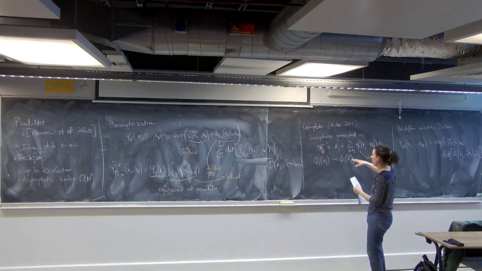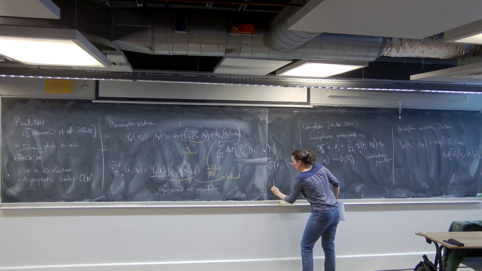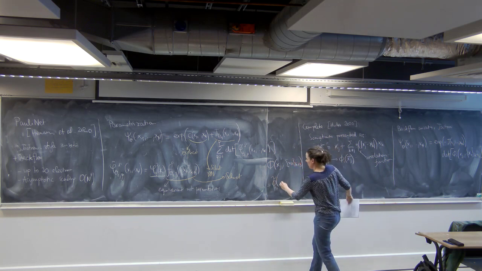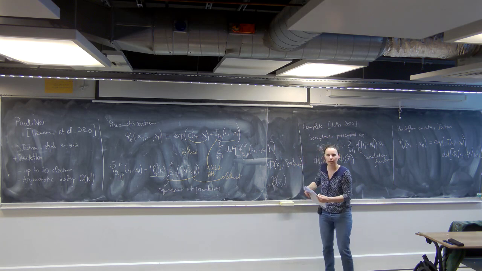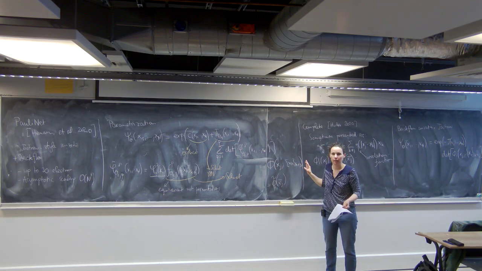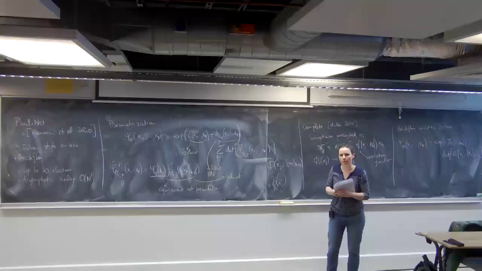Here this would just be some kind of phi tilde of this variable, and this phi tilde is a function that only depends on R3, whereas this is a function on R3n. So this is the difference between those two.